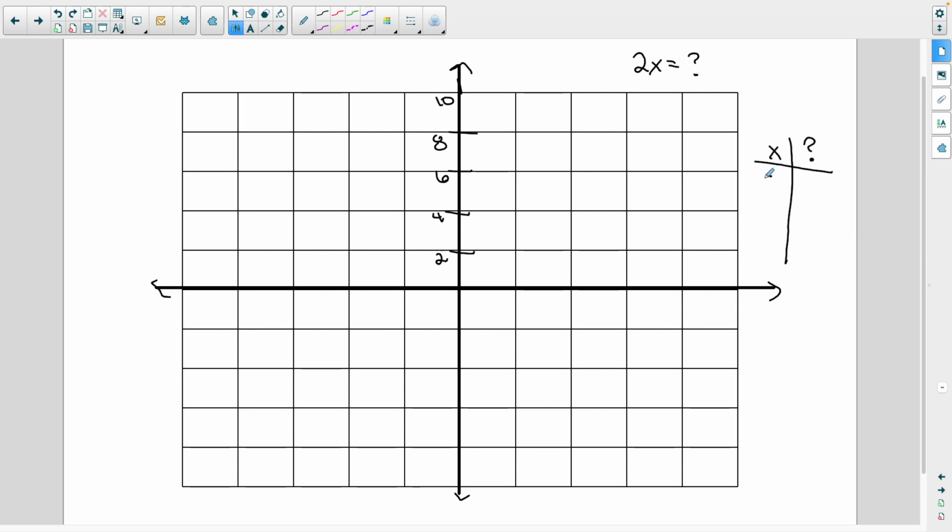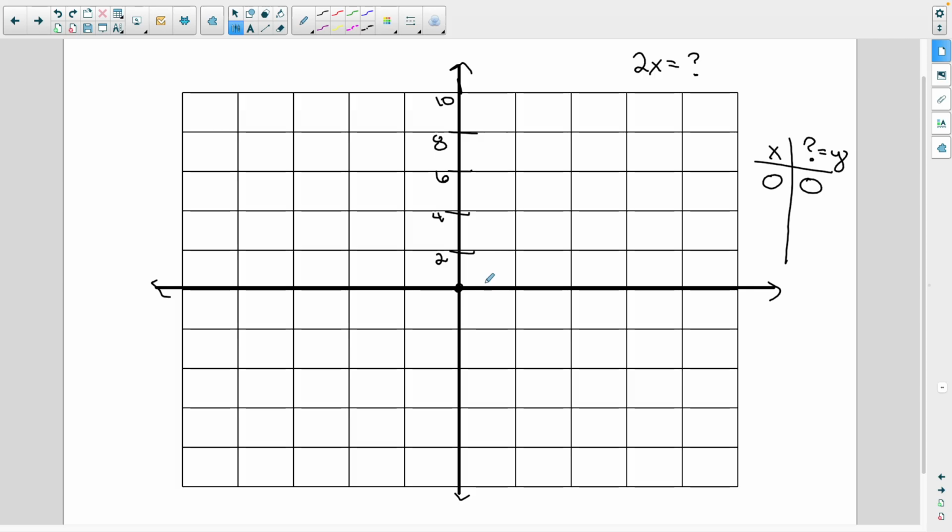What happens if we sell 0 amount of lemonade? Well, that means we get 0 amount of money. My input, or how many I sold, is 0. My output, or how much money I made, is 0. We represent that as y. So 0, 0 is my initial value.